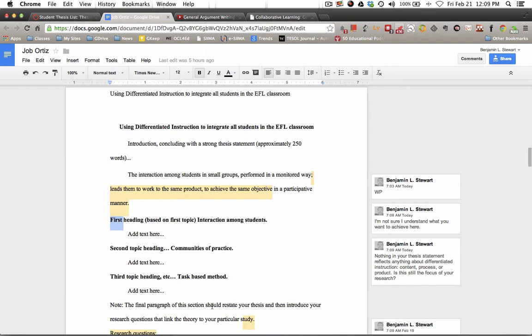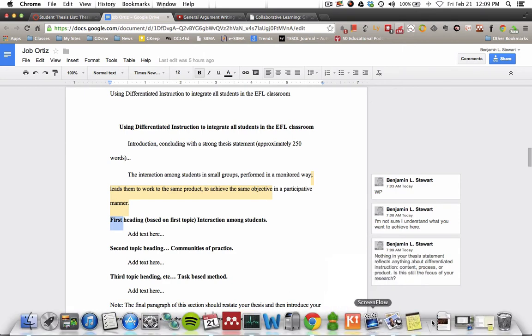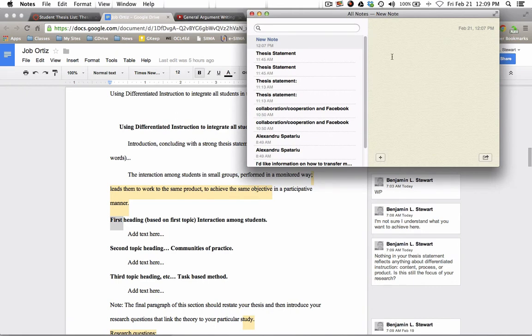Let me type it up here so we have it on the video. Section 1, student interaction. Section 2, communities of practice by Wenger. And finally, the task-based method, task-based learning.